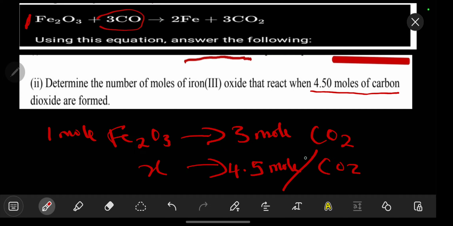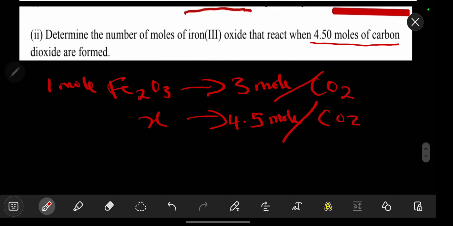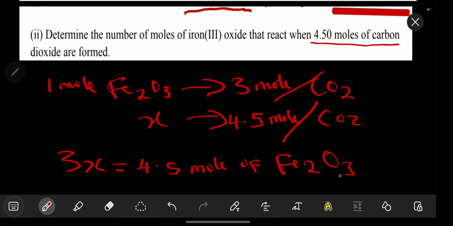From there, cancel this, cancel that. We are going to have 3 times X. It will be 3X should be equal to 1 times 4.5. 1 doesn't change anything, so it will be 4.5. Then we are remaining with moles of iron(III) oxide, like that.